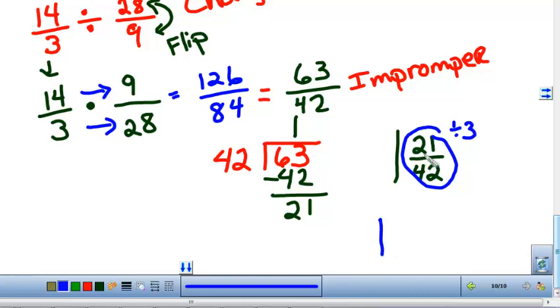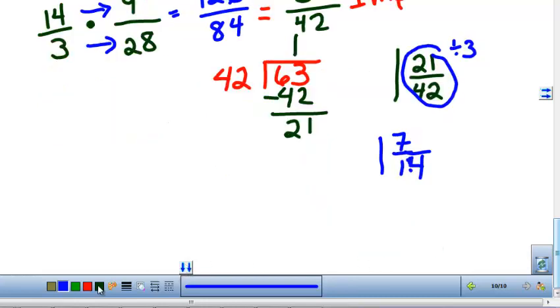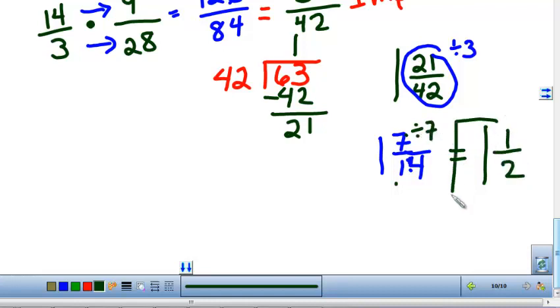So I get 21 divided by 3 is 7. 42 divided by 3 is 14. This one I can do again. It's 1. This 7 and 14 I can divide by 7. So I get 1/2. 1 and 1/2 is my answer.